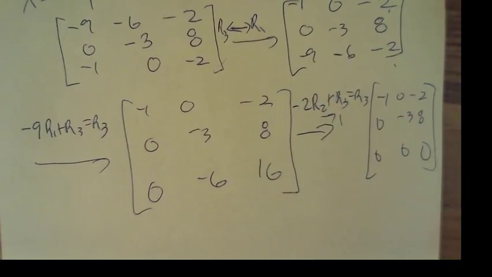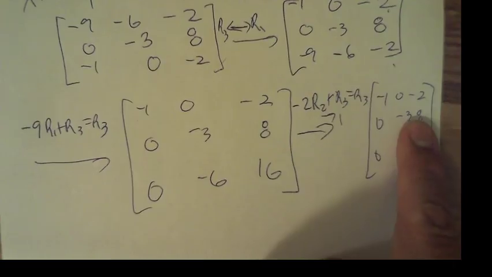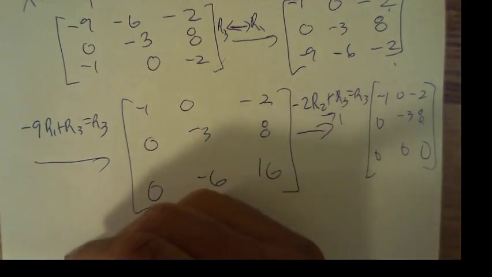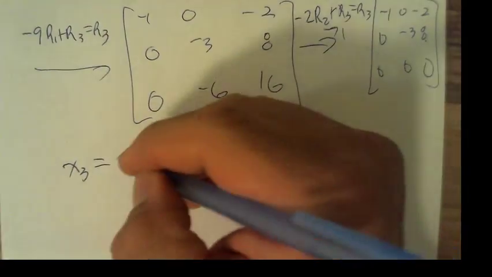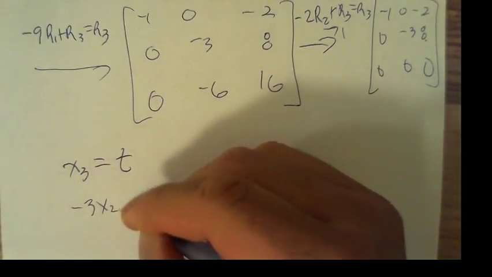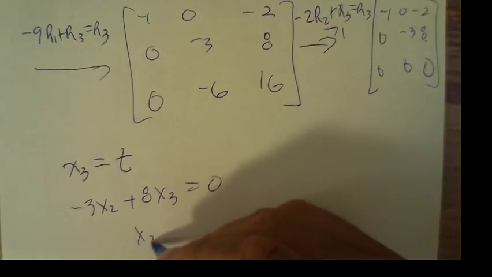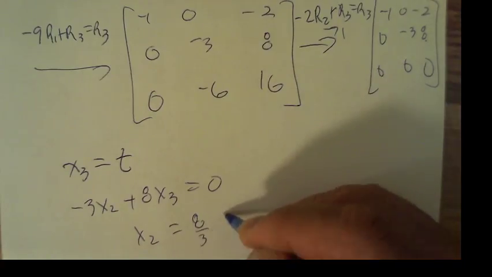All right, so we would get something like this, and now it's in echelon form, which means we have a free variable here. We'll think of x3 as my free variable. I'll call it t, which means we get negative 3x2 equals, or x2 equals 8/3 t.